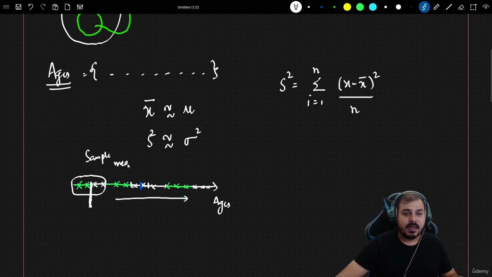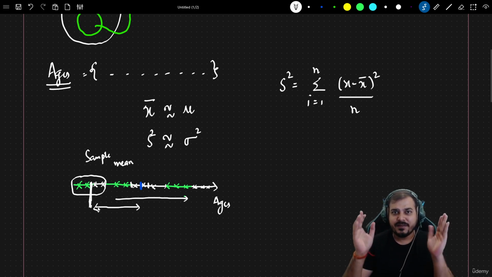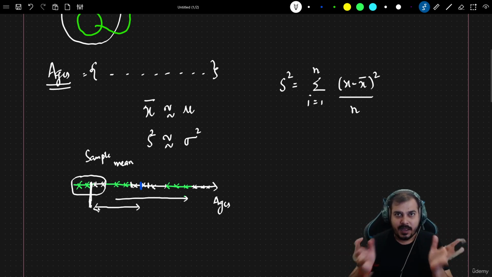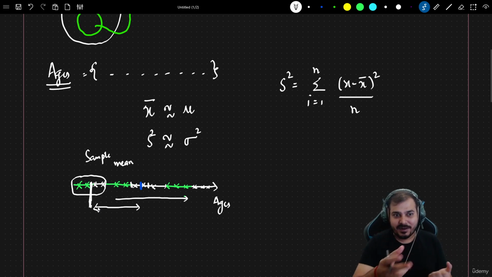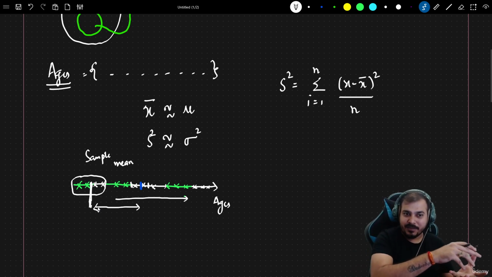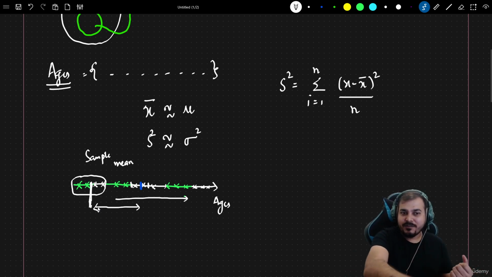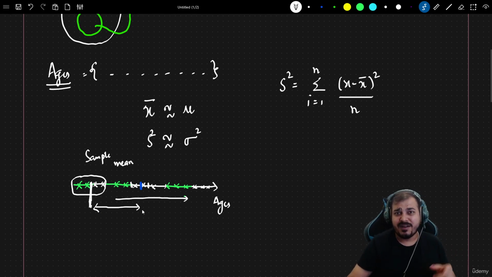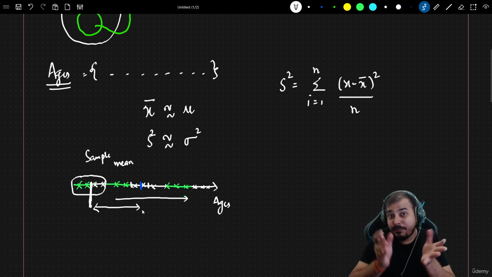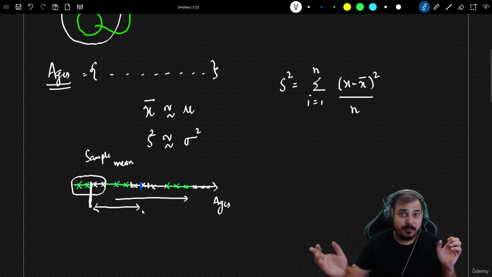Now if I try to see the distance from here to this population mean, it is obviously very big, very huge. I have not randomly selected the sample right now. I've specifically chosen some sample data. When I'm computing the sample mean, I can see it will be very far from the population mean, and when it is very far, obviously the sample variance will also be very far from the population variance.